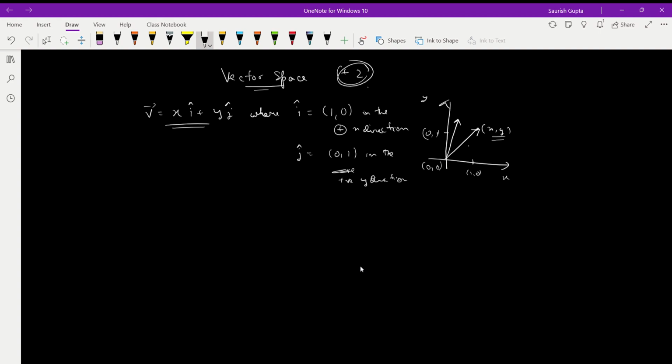Suppose this is the vector v1 and this is the vector v2. We can add these two vectors to get a resultant vector. Then we can scale a vector by a constant multiple. Suppose this is the vector v. If I multiply it with a certain constant, say c, then I'll get a scaled vector which is cv.